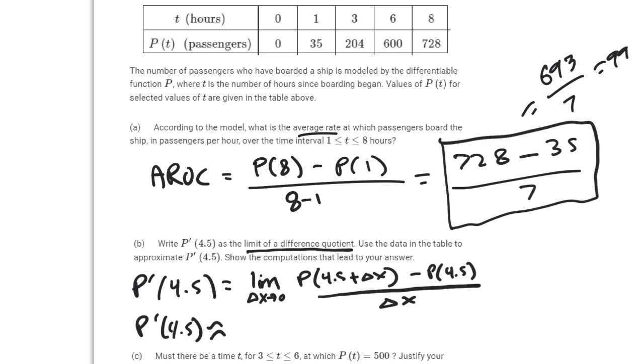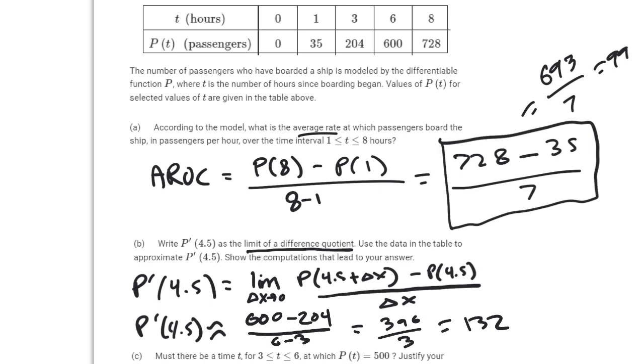So we're going to use an average rate of change there. So we would have 600 minus 204 over 6 minus 3. Again, that's a good place to leave that answer. They would accept that. We could also do 396 over 3, which is 132.